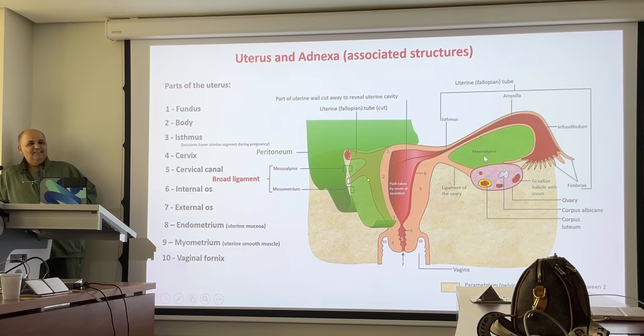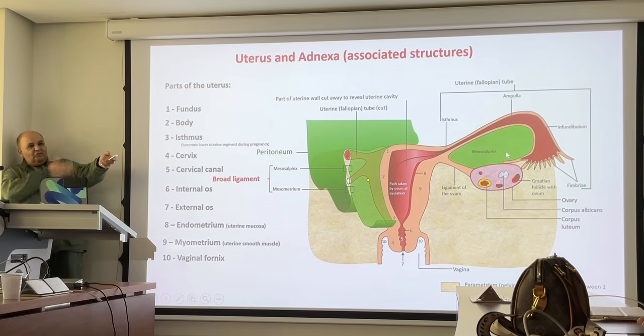Meso. Read it. Mesosalpinx. Mesovarium. Same thing. The same fold. Are we clear? Yes. Here they are cut so that you cannot see that. If I bring it here, you cannot see this cut end. Here it's complete, so it's just falling down. Are we clear?